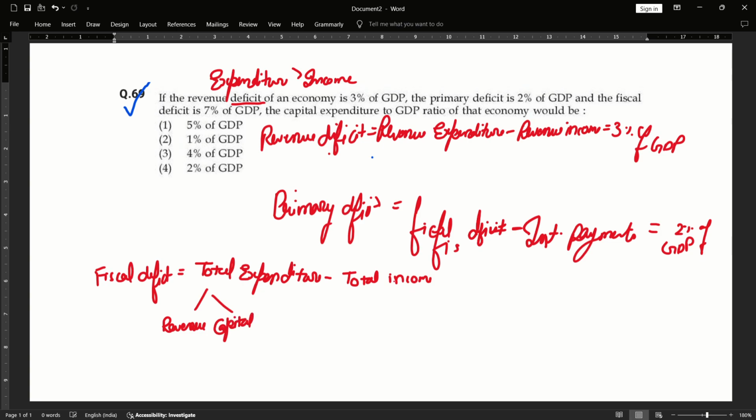So total expenditure implies revenue expenditure plus capital expenditure, minus revenue plus capital income.